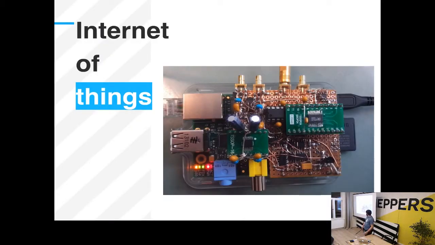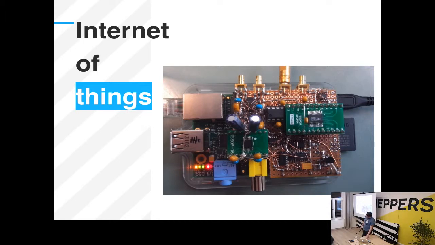You may know this as a typical candidate for Internet of Things: it's a Raspberry Pi with some other circuits. You may build intelligent homes, etc.